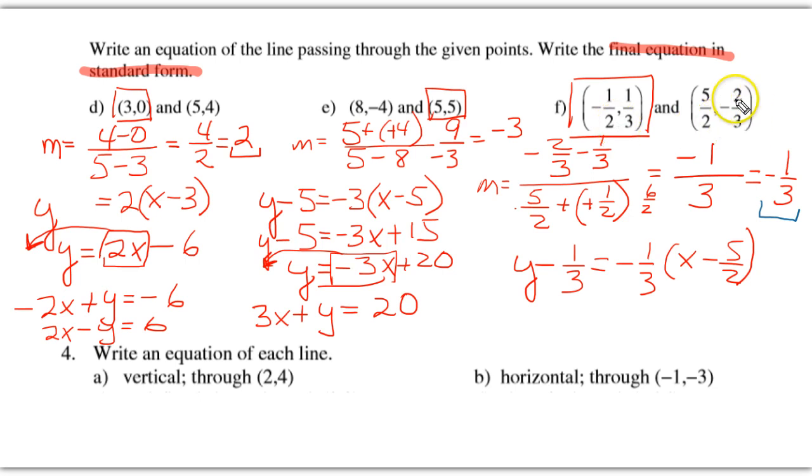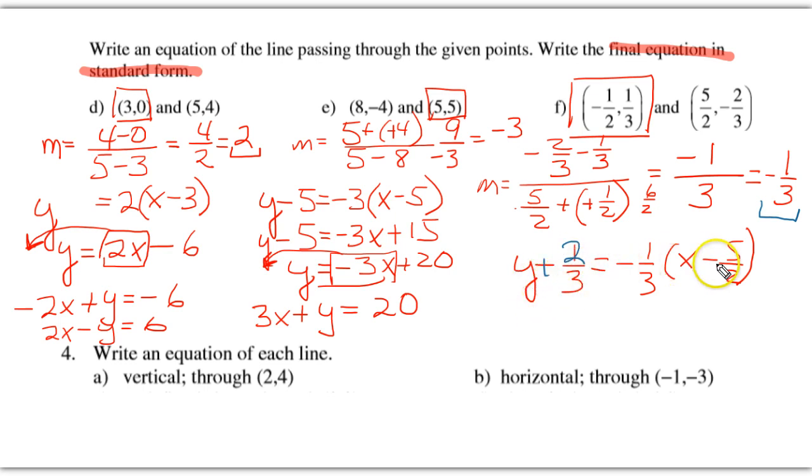No, I think I changed my mind. I used this one here. So it doesn't make any difference, but we have to get the right ones. So our x value is 5/2. So there's my 5/2. My y value is a negative 2/3. So negative 2/3 makes this a positive, opposite sign. Okay.